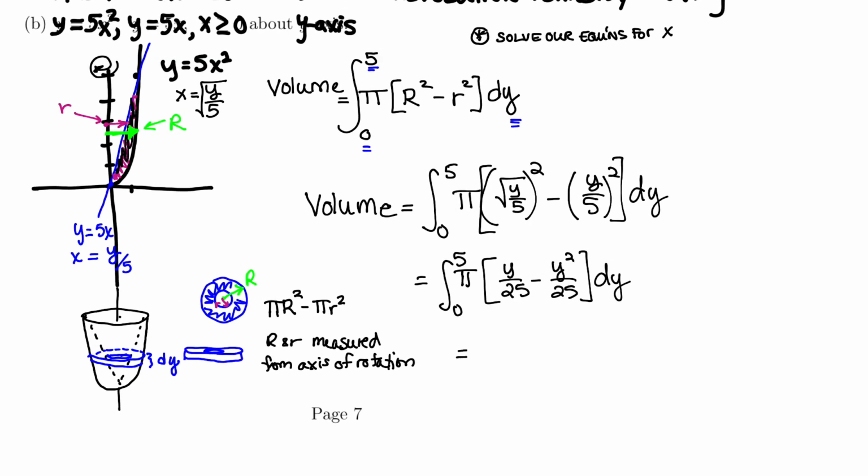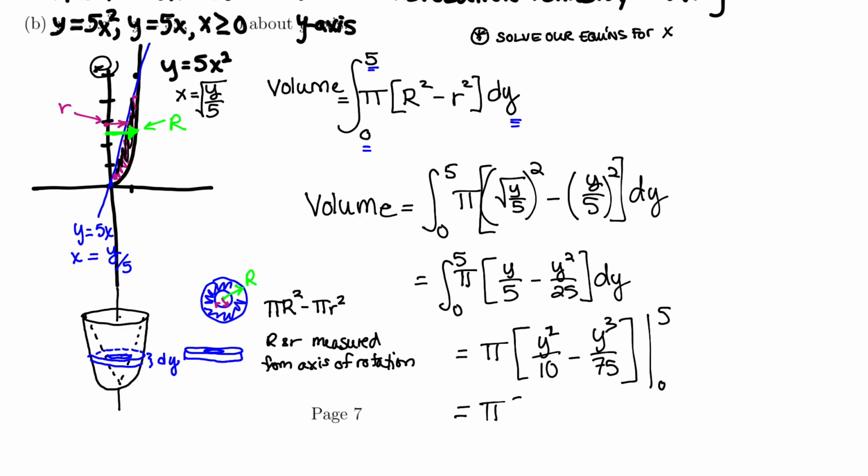Thank you. Y over 5. You get y squared over 10 minus, what is that, y cubed over 75. Going from 0 to 5.